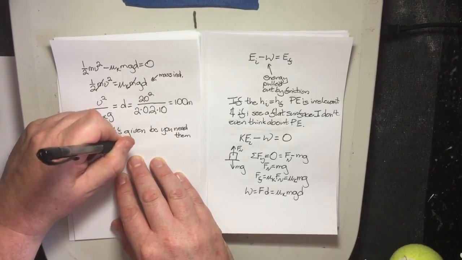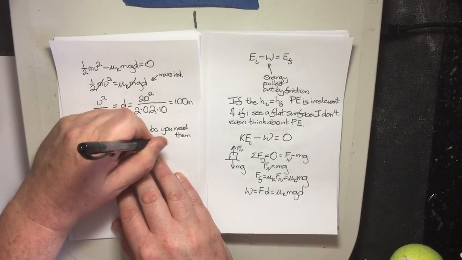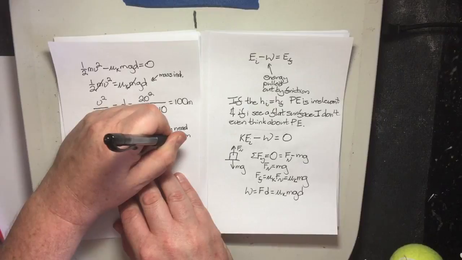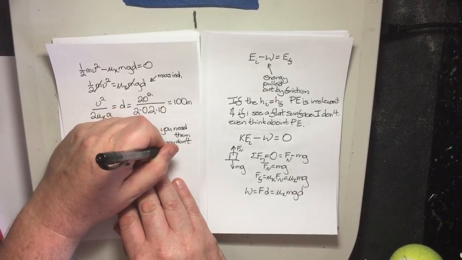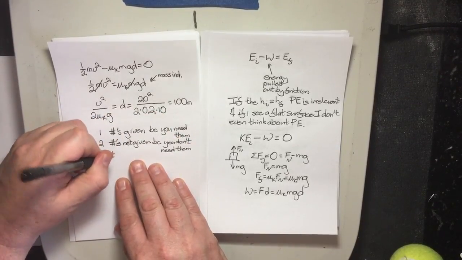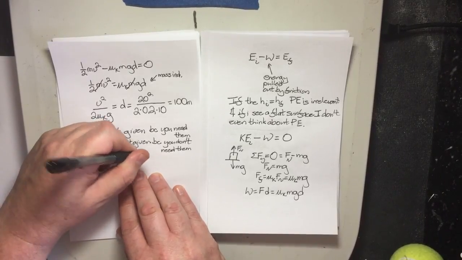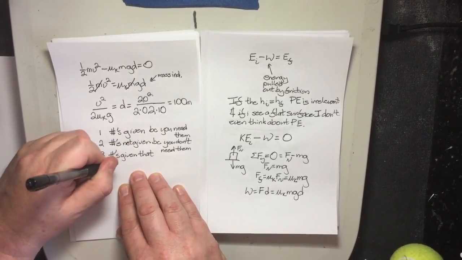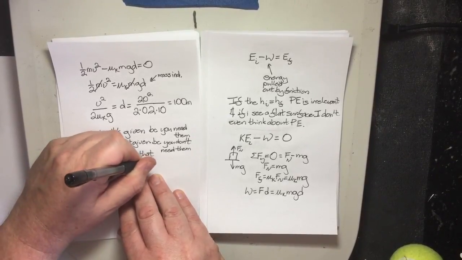Numbers not given because you don't need them. And then the third category, numbers given that you don't need.